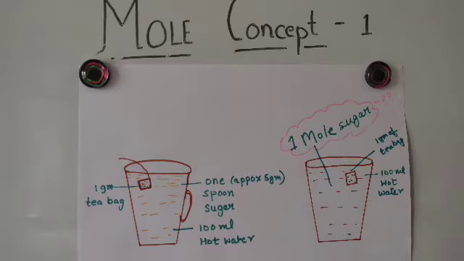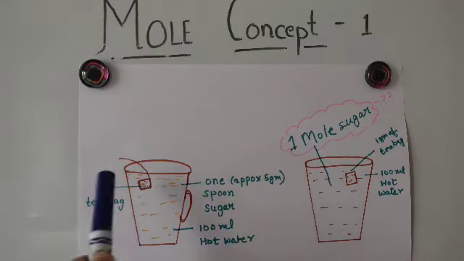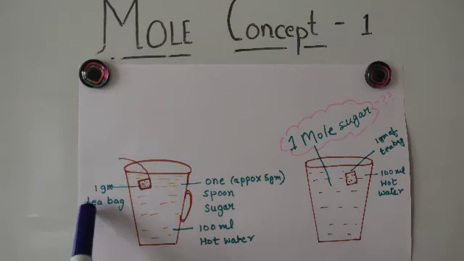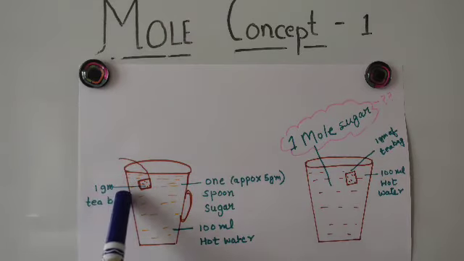Let's make a tea. I'm making a tea. For that, I'm taking 100 ml of hot water in a cup. In this, I will add 1 spoon of sugar, which is approximately 5 grams. I'm dipping a tea bag, which can be 1 gram.